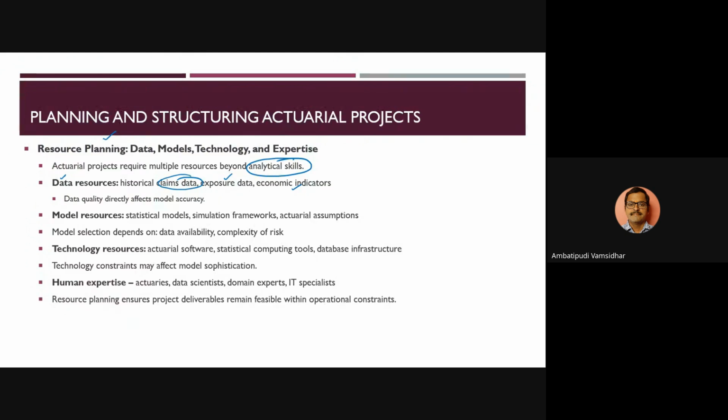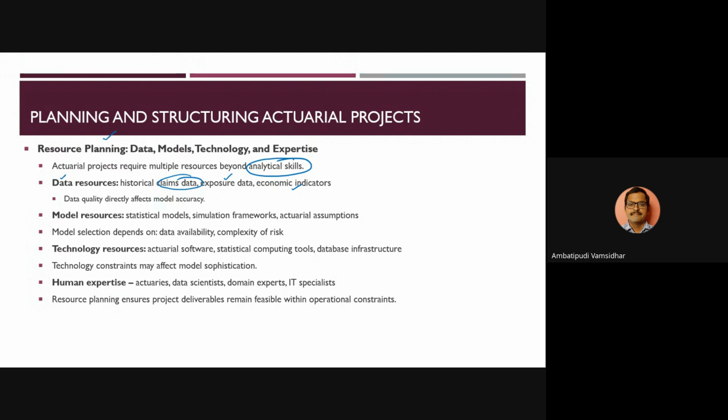Then I also need to plan for the model related resources as well. It could be in terms of statistical models, simulation related aspects, the assumptions for actuarial model building, etc., which means the selection of the model, again, how complex the risk is and what kind of data is typically available.